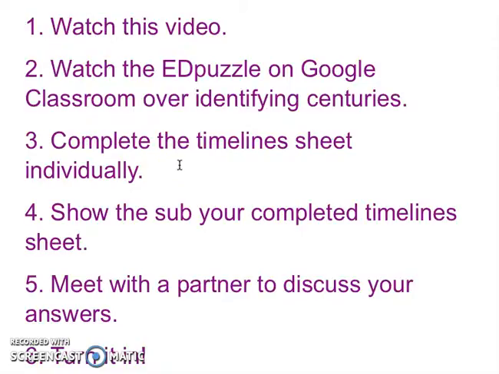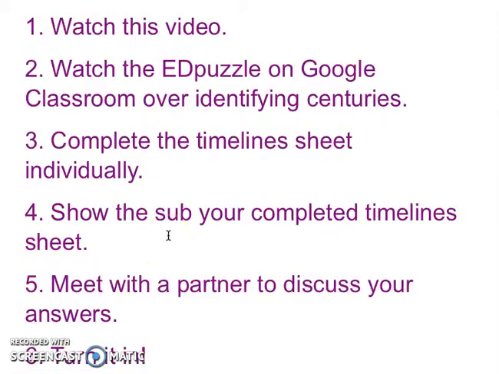That sheet is the paper that the sub should have passed out to you already. And if not, they have it and they're going to pass it out to you. But that's just going to cover some practice with identifying centuries as well as placing things correctly on a timeline. After you've completed that timeline sheet individually, I want you to show the sub.